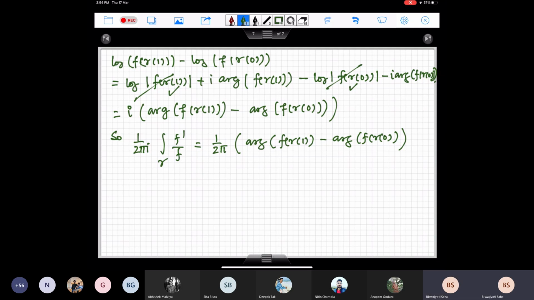Since these are the same points, the change in argument is just going to be some integer multiple of 2 pi, and there is a 2 pi divided, so when you cancel, that gives you an integer k.